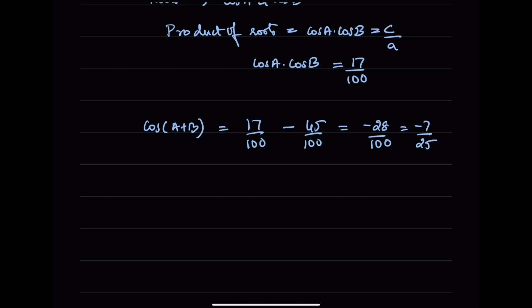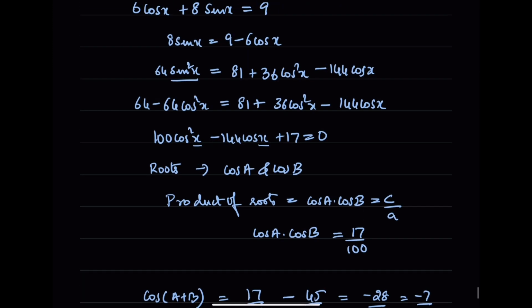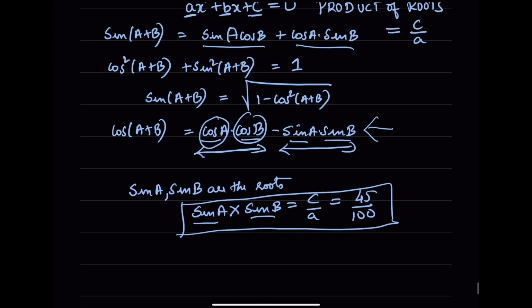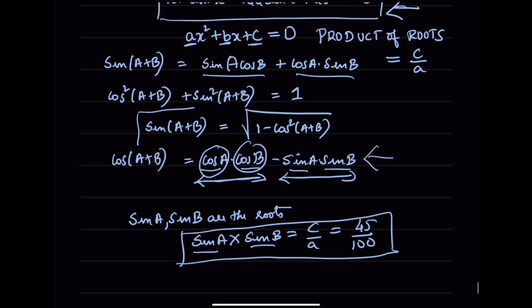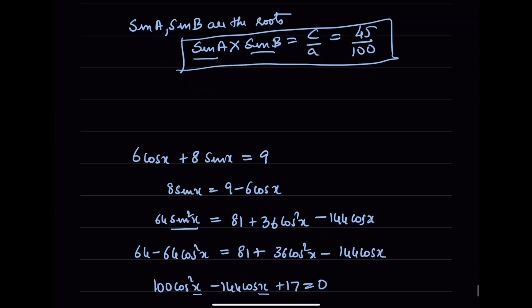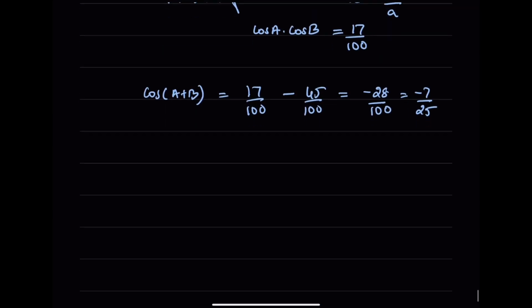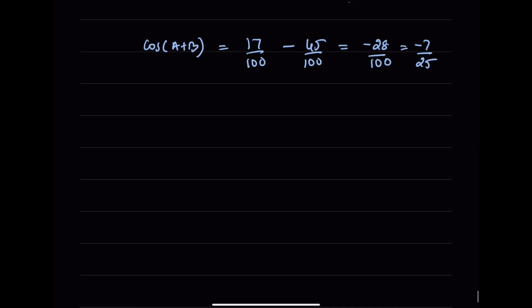So now we know cos of A plus B. Let's go back to what we understood earlier. So we are going to apply this. Sine of A plus B is equal to square root of 1 minus cos square A plus B. This is a trigonometric identity we were using: sine square A plus cos square A is equal to 1. So sine of A plus B is equal to square root of 1 minus 7 by 25 the whole square.